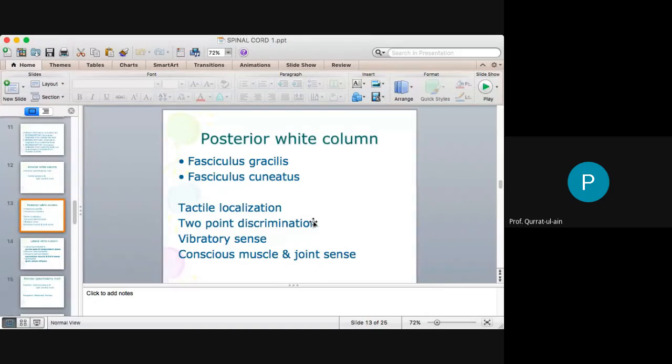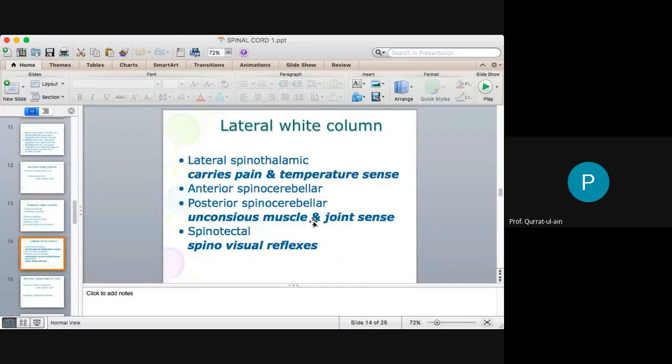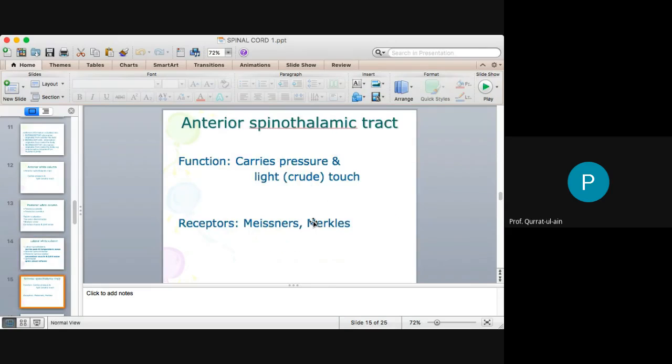I'll explain this when I discuss the posterior white column. The lateral white column, which contains the lateral spinothalamic tract, which I want to discuss today, that is the main focus, will carry the pain and temperature sensation. So this was just a brief overview, which you have already discussed in the previous classes.